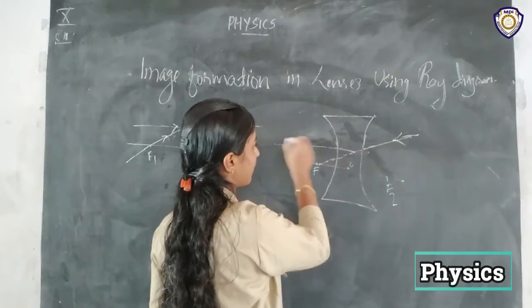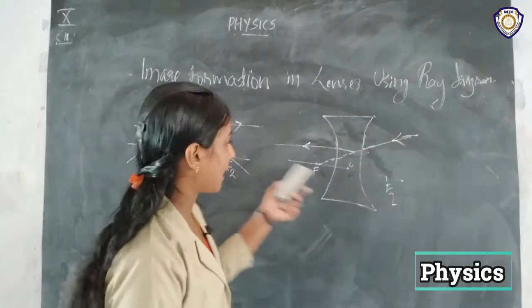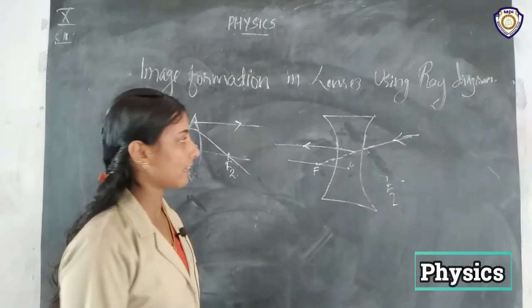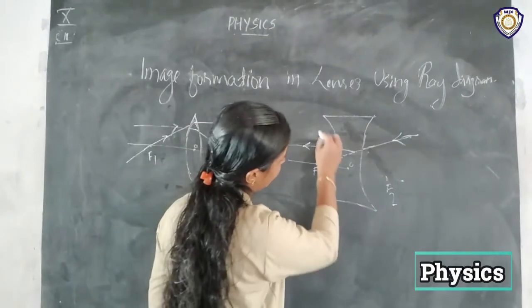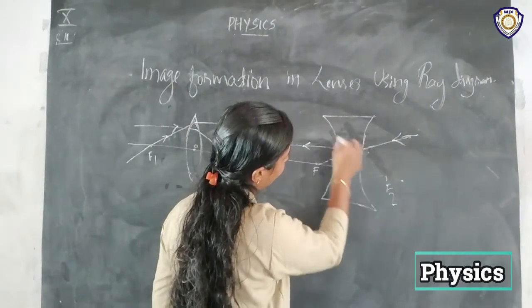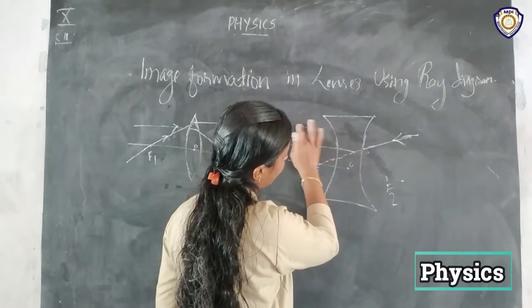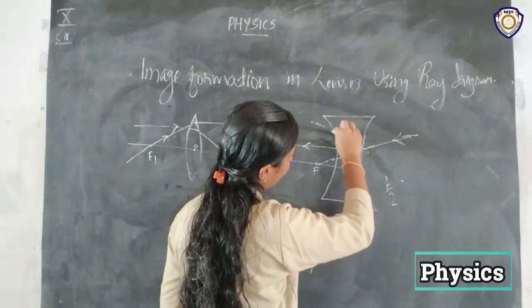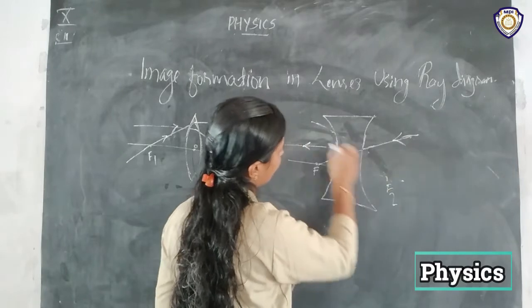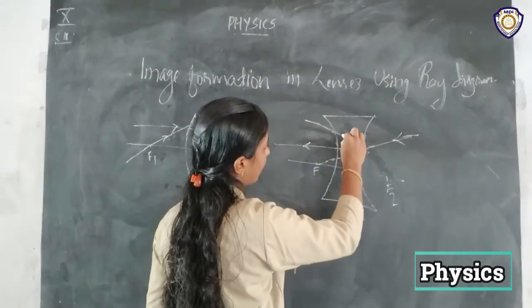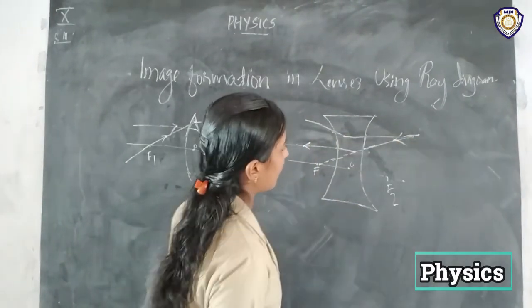After refraction it will pass like this. That means parallel to the principal axis, right? And in the case of this, if the incident ray is on this side, then what happens? After refraction it will pass like this.